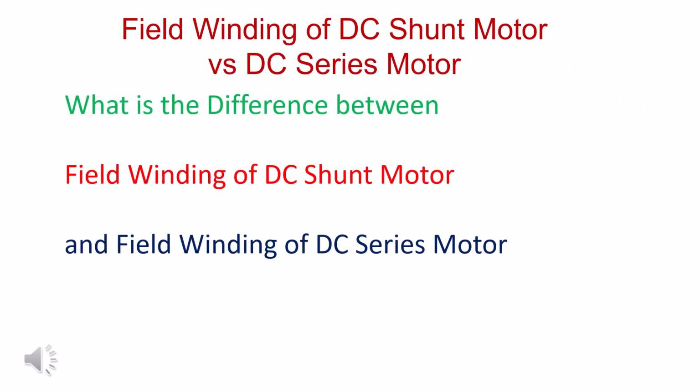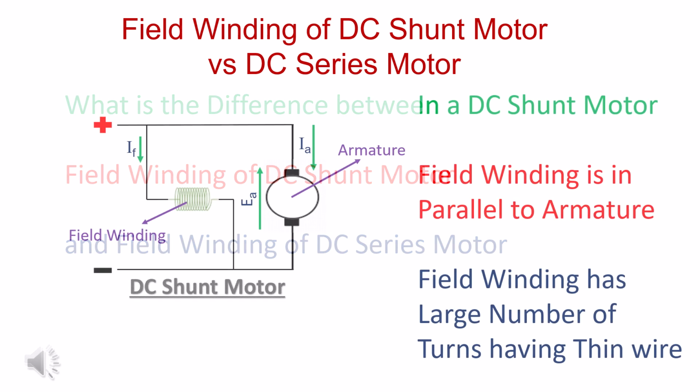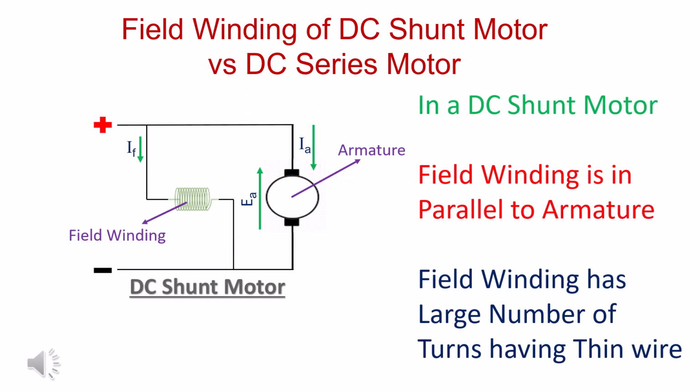What is the difference between field winding of DC shunt motor and field winding of DC series motor? In a DC shunt motor, field winding is in parallel to armature. Field winding has large number of turns having thin wire.